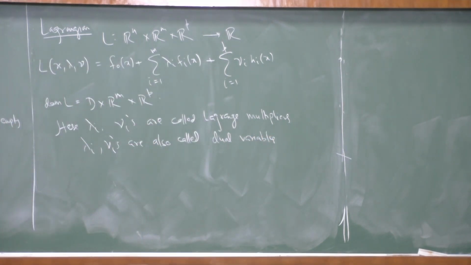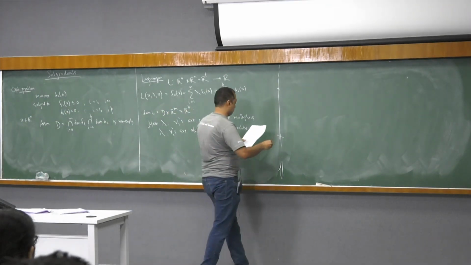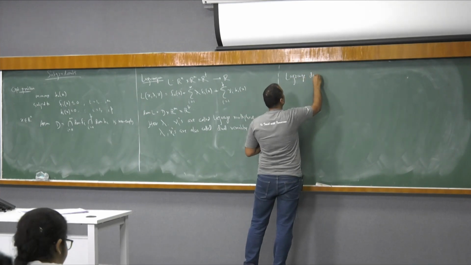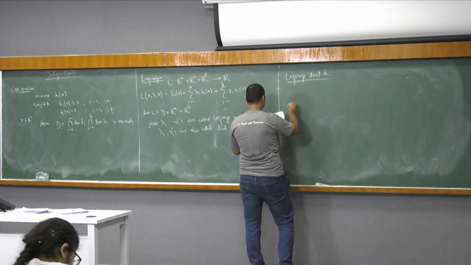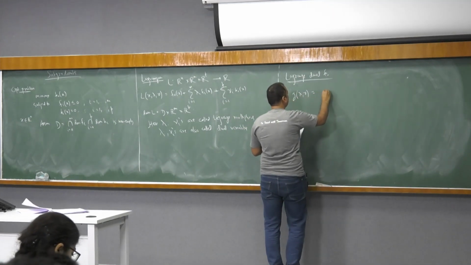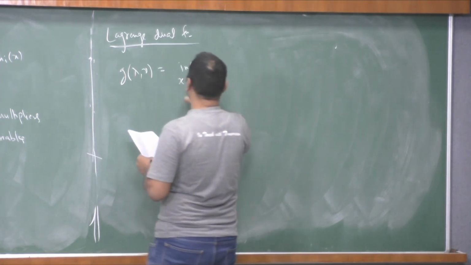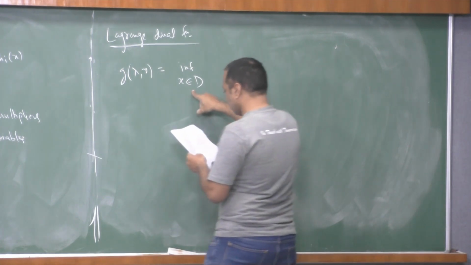Okay. So this is one of the first ingredients, and the next ingredient is the Lagrange dual function. This is defined as g of lambda, nu, and we take the infimum of the Lagrangian over x. Since we infimize the Lagrangian over x, only lambda and nu will remain.